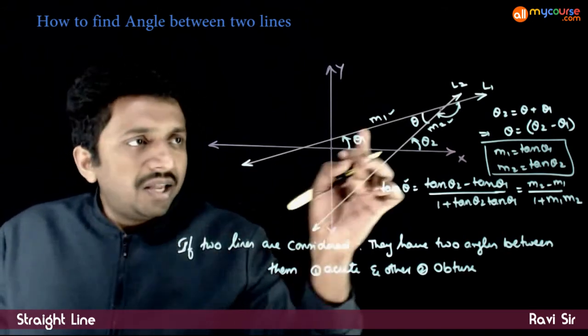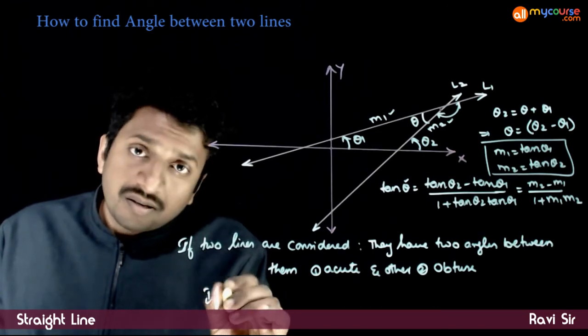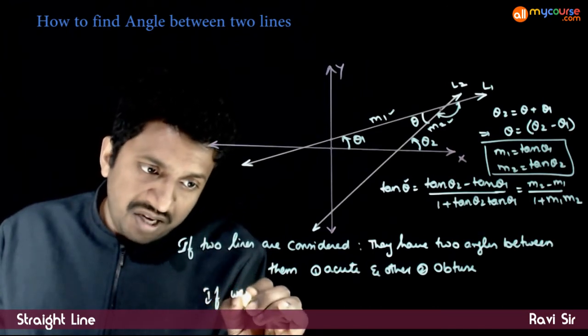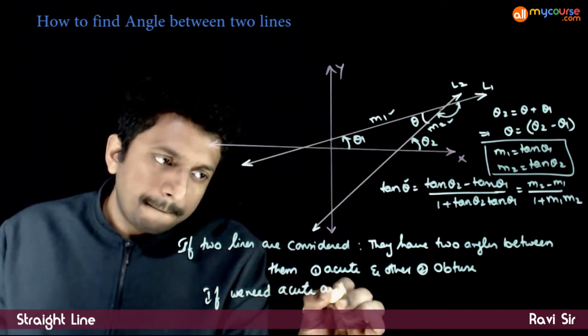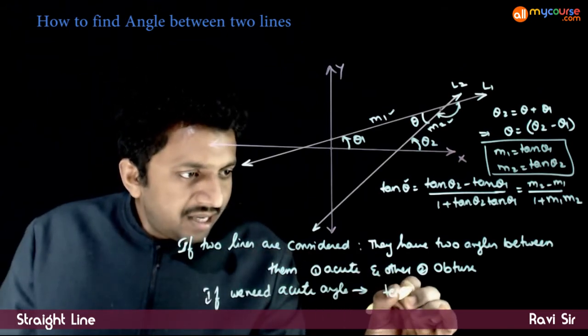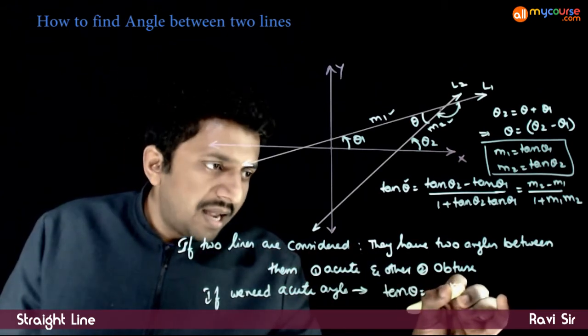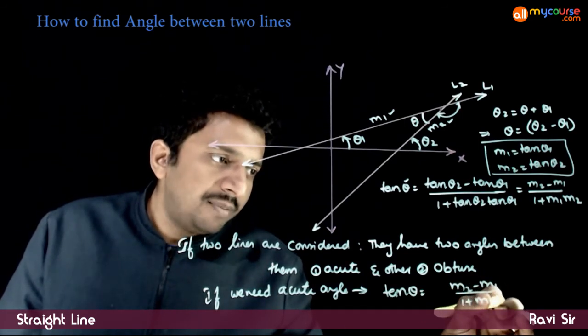Particularly, if we need the acute angle between the two straight lines, the formula is tan theta is equal to the mod of m2 minus m1 by 1 plus m1 m2.